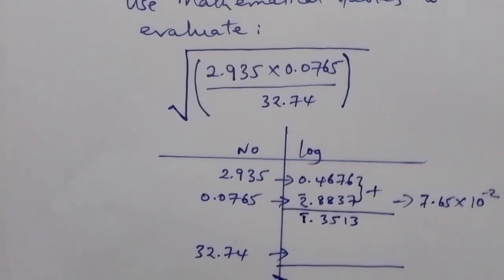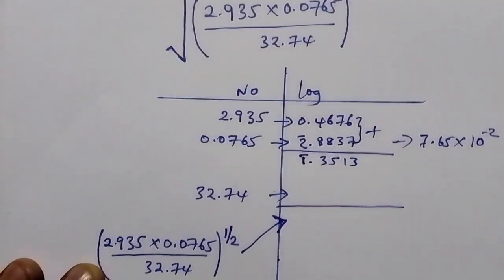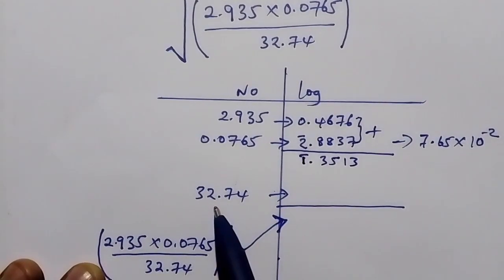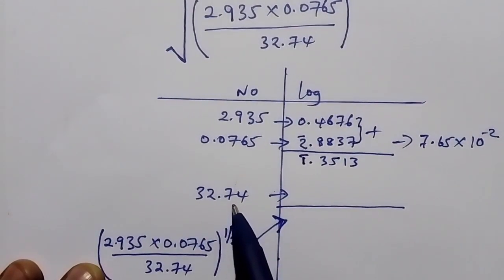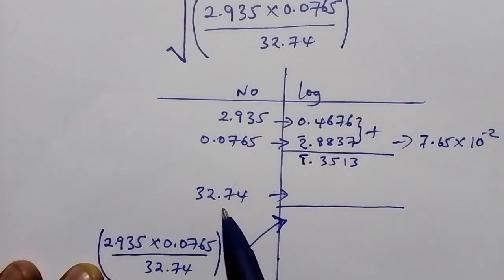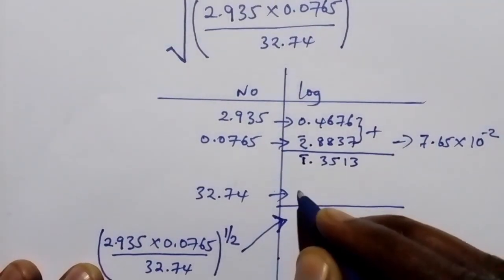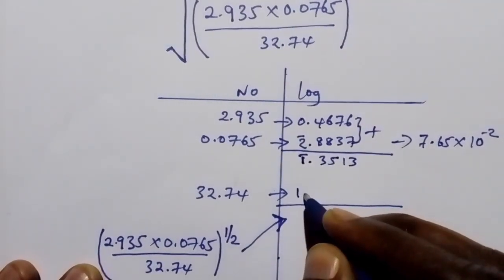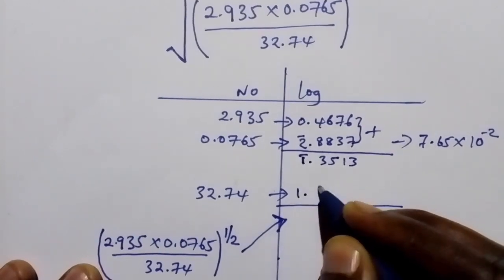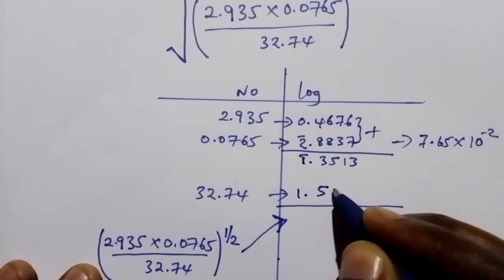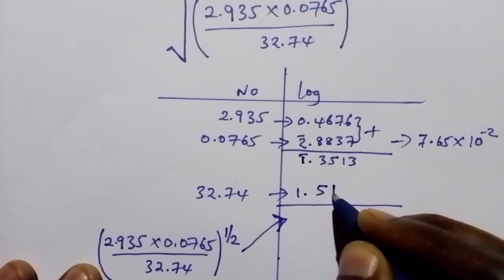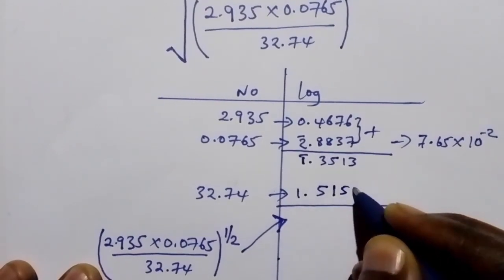Now from the log table, the log of 32.74 is 1.5150.